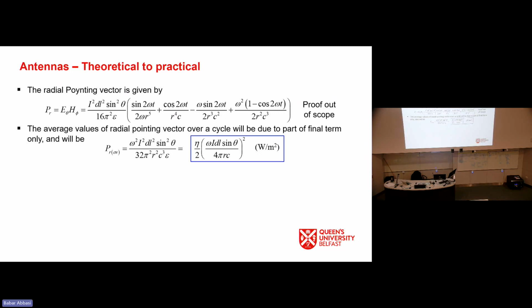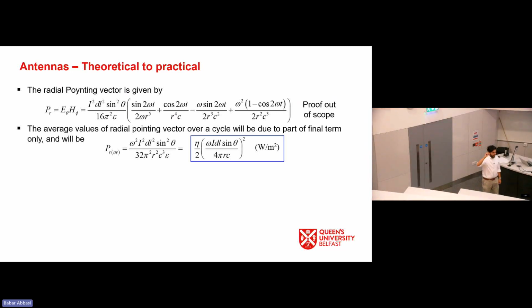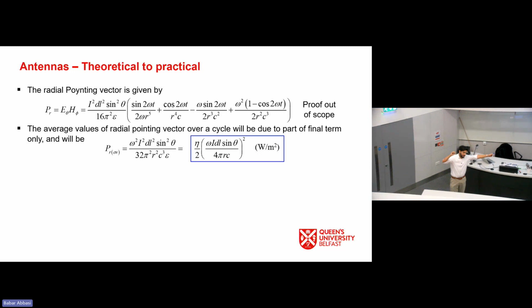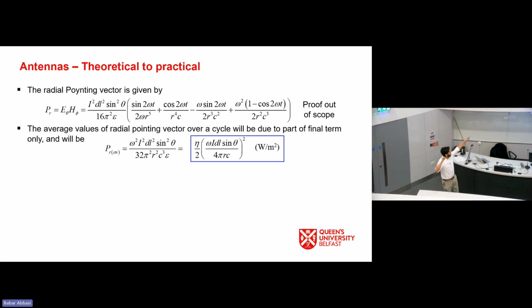So what this equation is telling us is that the power I'm going to receive at a given point, if I have a fictitious dipole at the origin, depends on free space impedance as well.